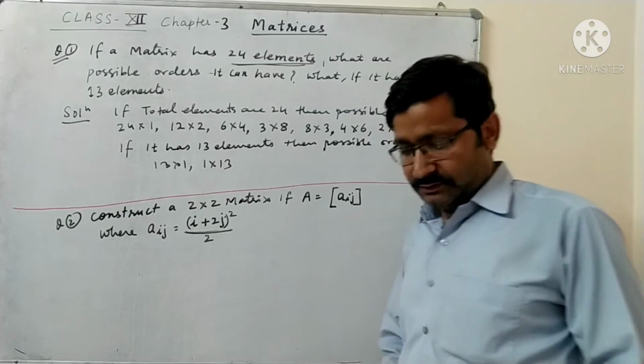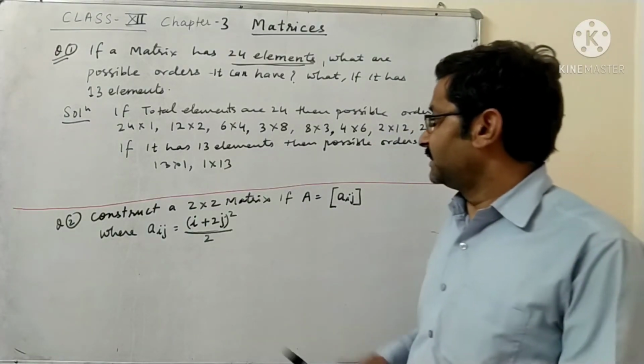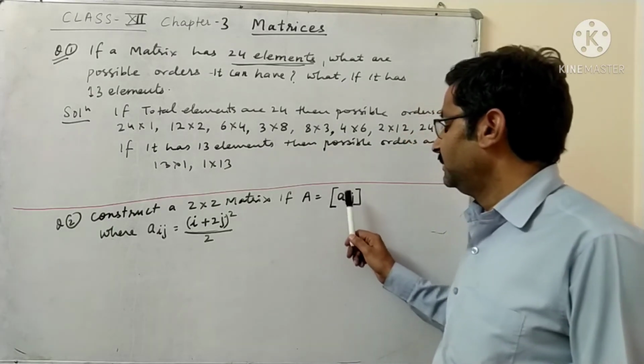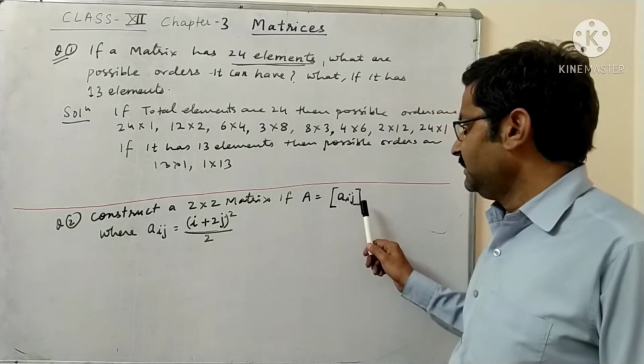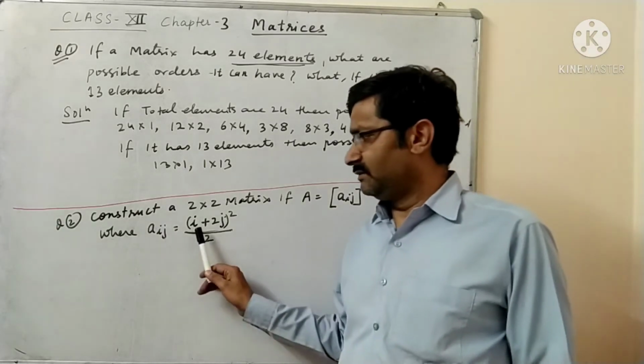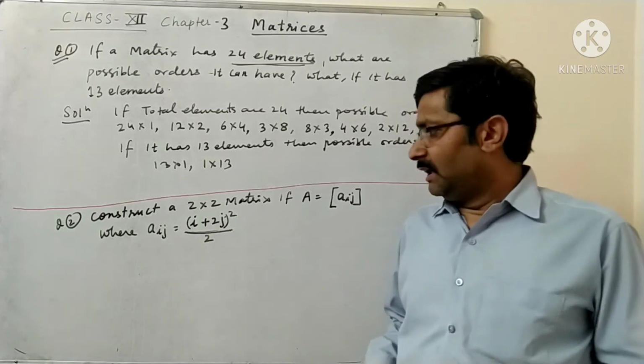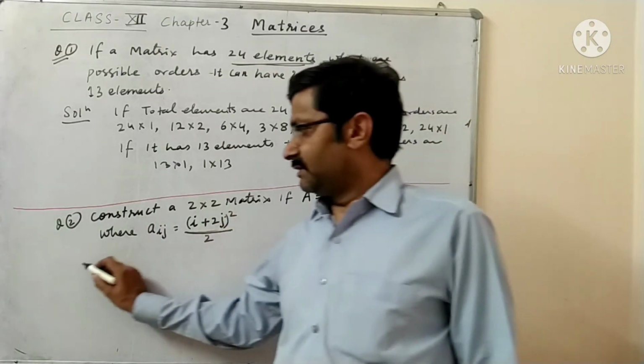Here one question we have to do, that construct a 2 into 2 matrix A equal to Aij, where Aij equals (i plus 2j) whole square upon 2. And here 2 into 2 matrix we will write first.